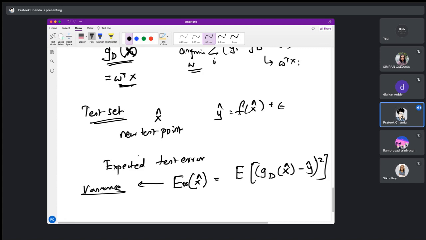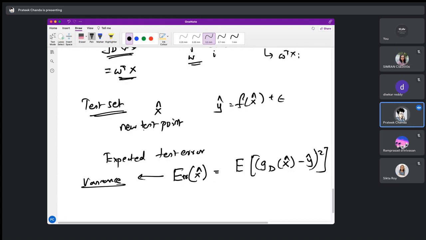Actually, this is just the L2 loss error, the prediction minus y hat, whole squared, with the expectation on top of it. This is my expected test error, and it is called a test error because my x hat comes from my test set.